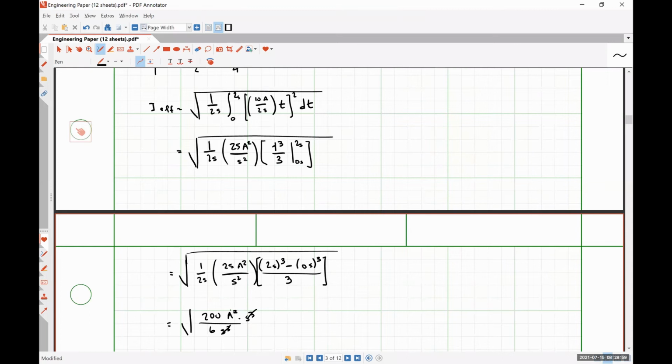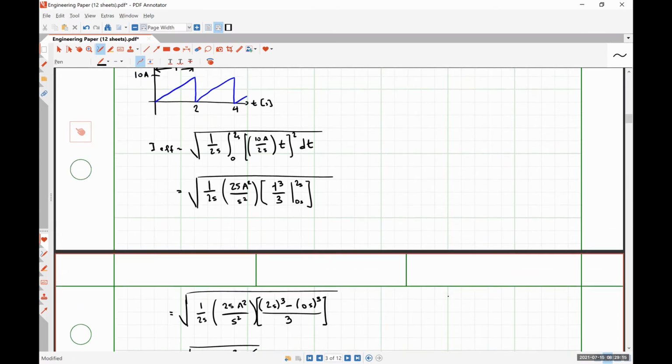Those guys are going to cancel out. And so I'm going to have 10 over the square root of 3 amps RMS. So for these sawtooth waves, generally speaking, as long as they don't have a gap between when the next period starts, it's simply their amplitude divided by root 3. And we can shift them around and all that kind of good stuff, and we'll still get that exact same answer.